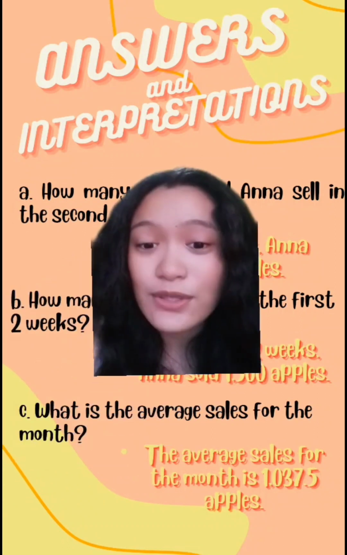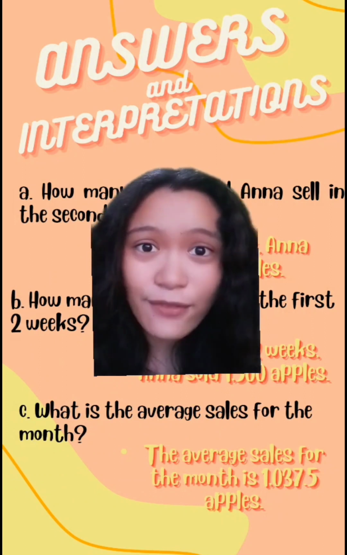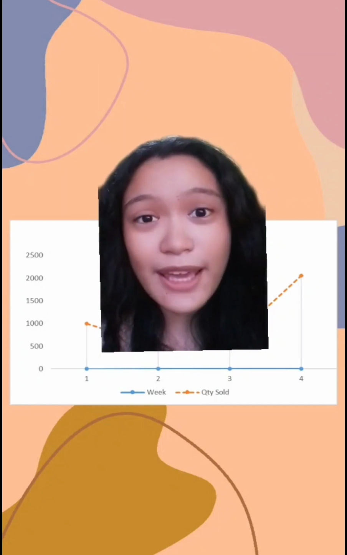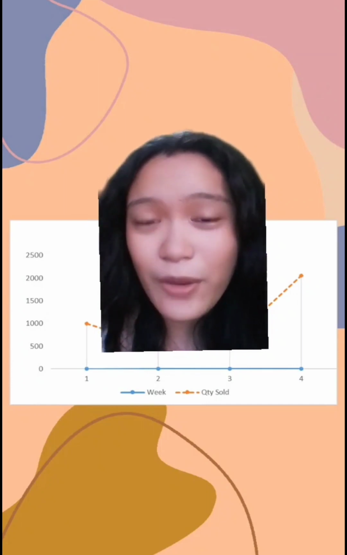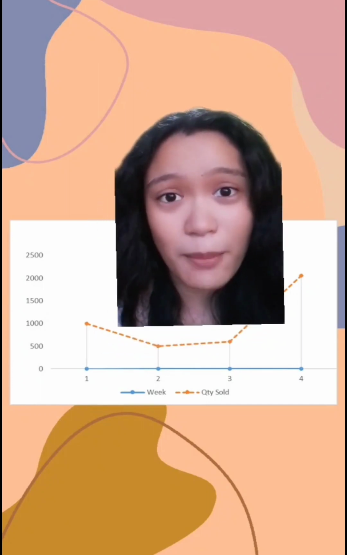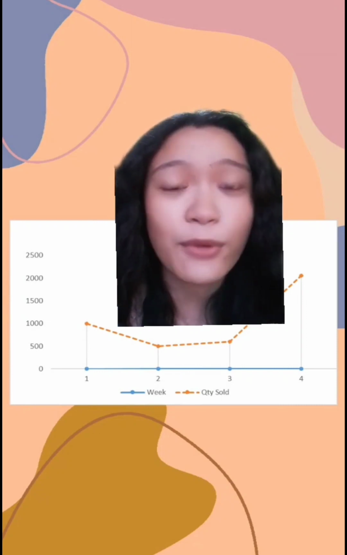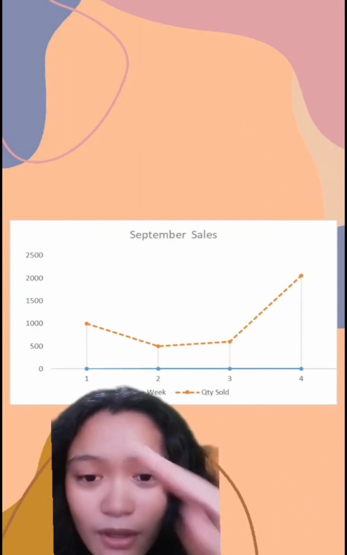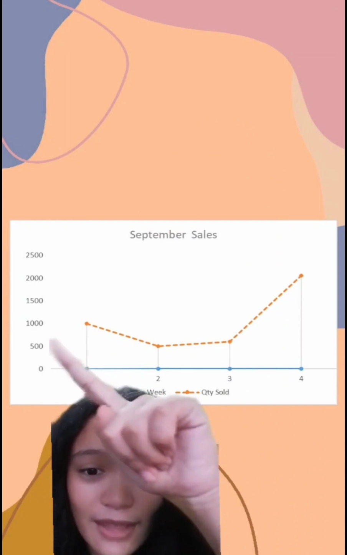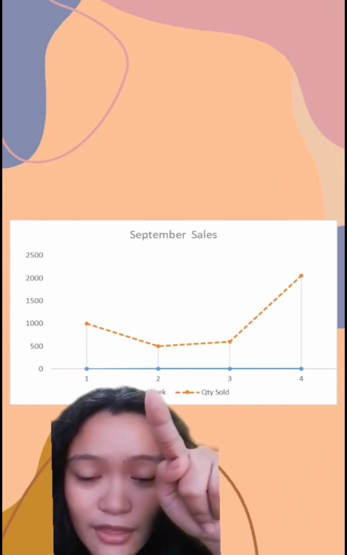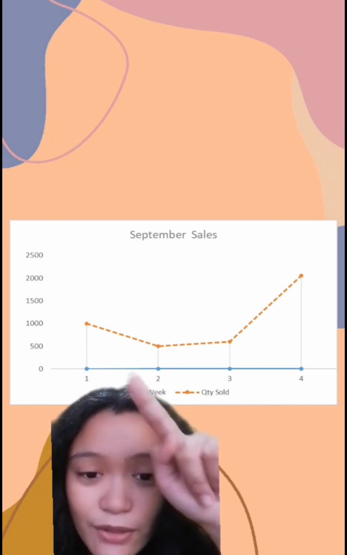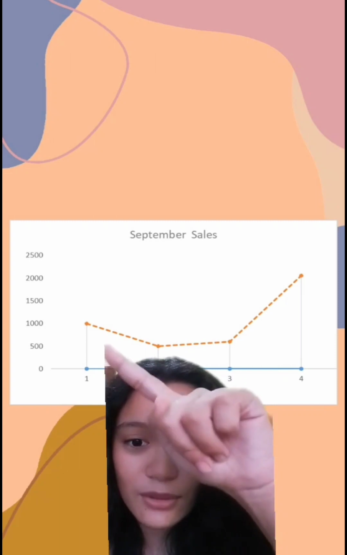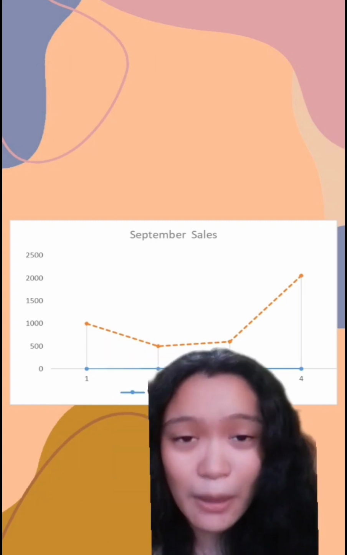For the last question, what is the average sales for the month? To get the average sales, we have to add how many apples Anna sold in 4 weeks and divide it by 4. In the first week, she sold 1,000 apples. In the second week, she sold 500. In the third week, she sold 600 apples.